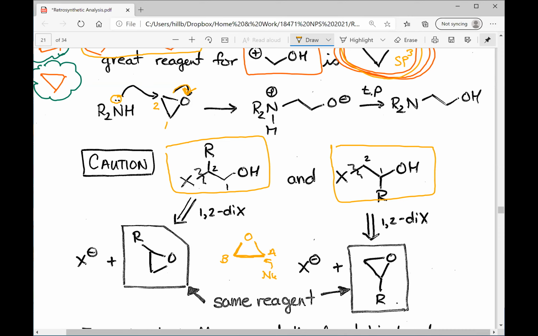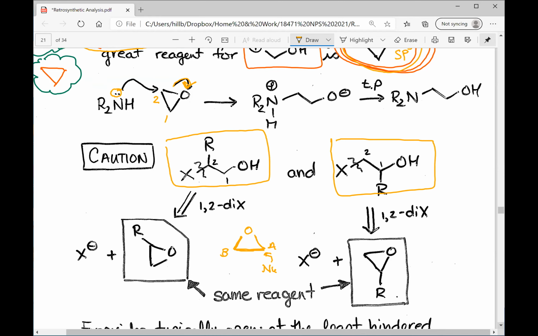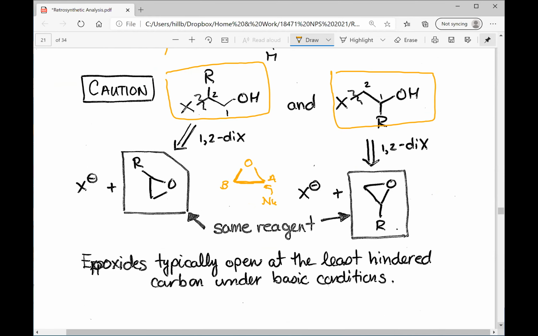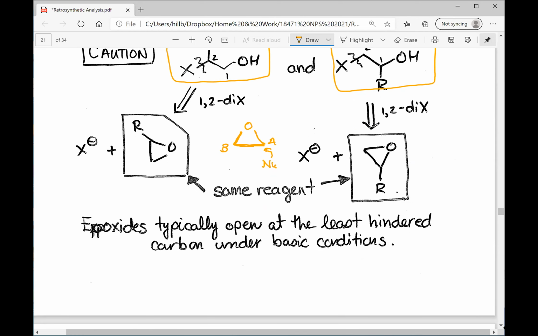So this is one of the cautionary tales that takes place. Essentially, epoxides, if it's under basic conditions, will open at the least hindered carbon.